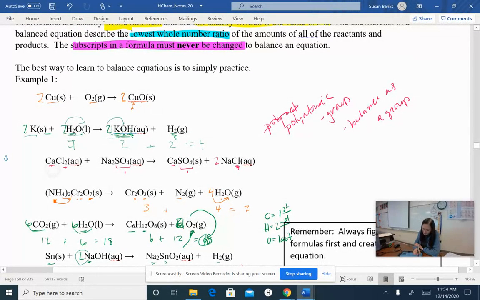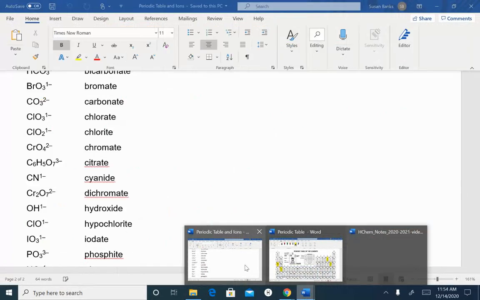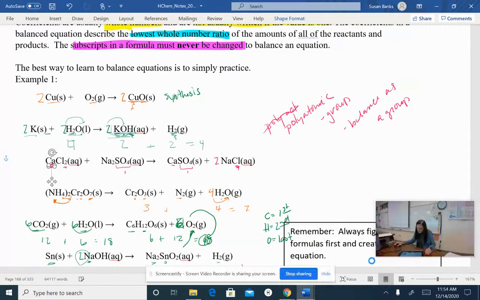I've got copper and oxygen getting together to make copper oxide. I'm taking 2 simple things and I'm putting them together to make something more complex. So isn't this synthesis? Okay. All right, number 2.